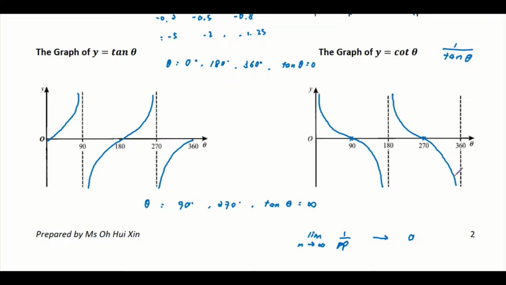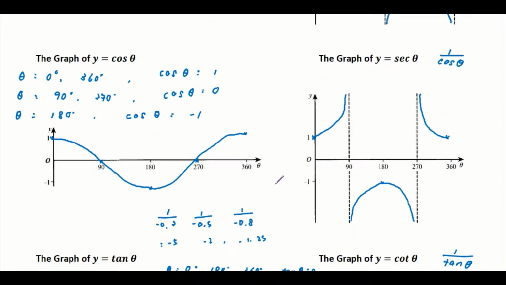Okay, so I just repeat again. I hope you can understand the idea: we find out what the asymptotes are. Then you look at this as an increasing function. When your tangent theta increases and increases, but this is a reciprocal, when you have your denominator bigger and bigger, you should have your reciprocal smaller and smaller. It's the same thing as for your cos as well.